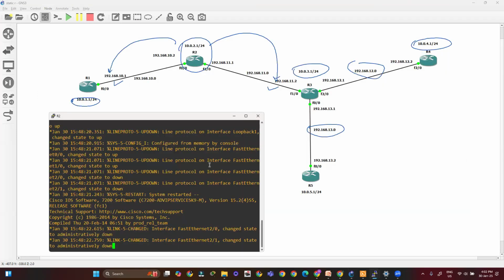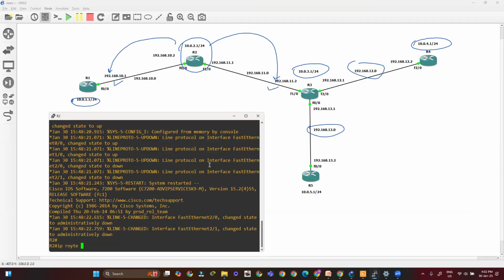ip route 10.0.1.0, and the subnet mask is 255.255.255.0.